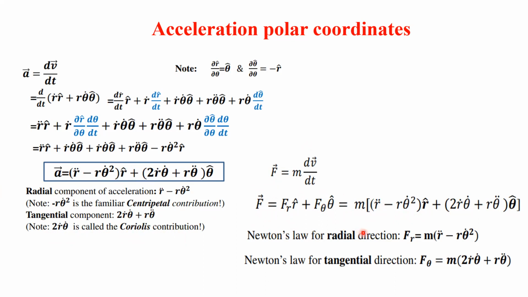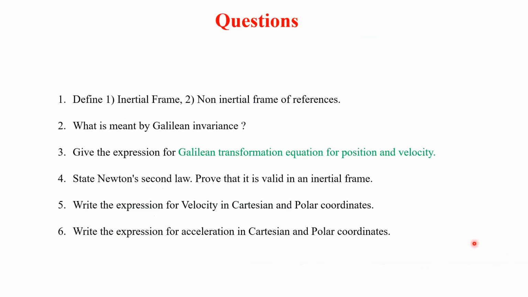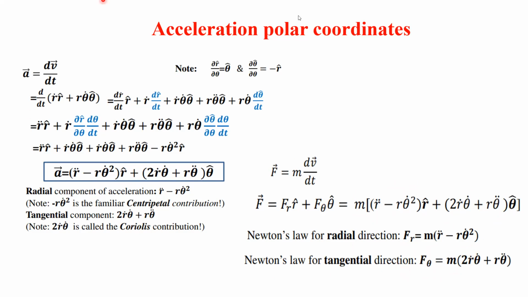For this also, we have two components: one along the radial direction, the other along the tangential direction. Therefore, Fr is equal to m into this quantity, and F theta is equal to m into this quantity. That gives you the force components in terms of the plane polar coordinate system.